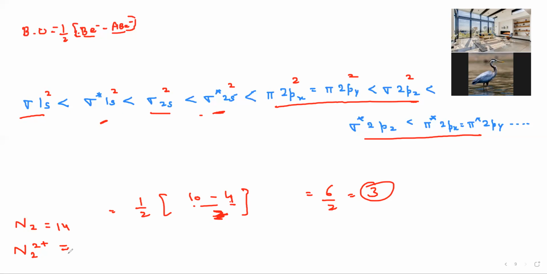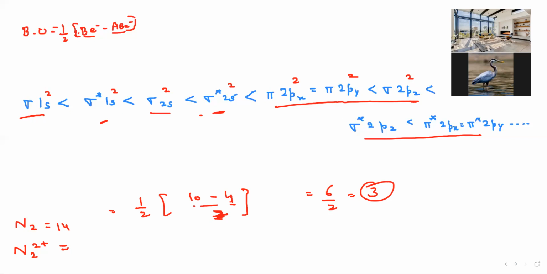So can you just remove the last two electrons? The last one, sigma 2pz, you can remove. So the bond order is 2.